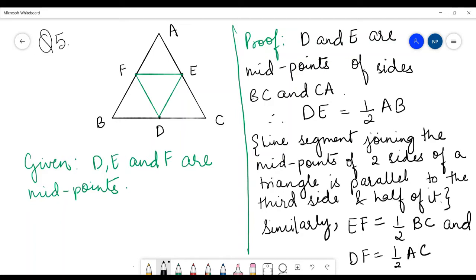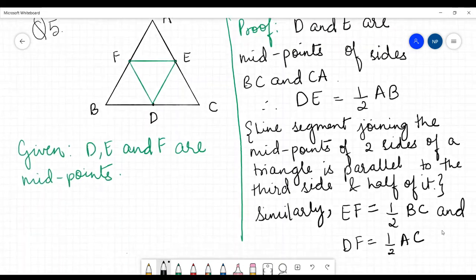Is that clear? Now, we have written over here DE is half of AB, EF is half of BC and DF is half of AC. Is that clear? Now, from here we will proceed to the next step. So, please copy this solution down. You can pause and copy it. Now, we will move lower.